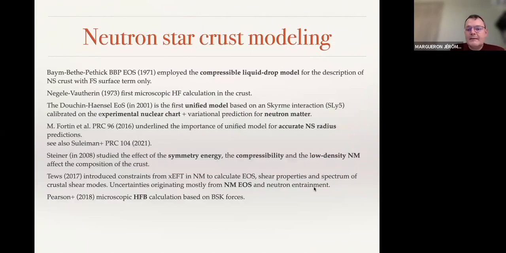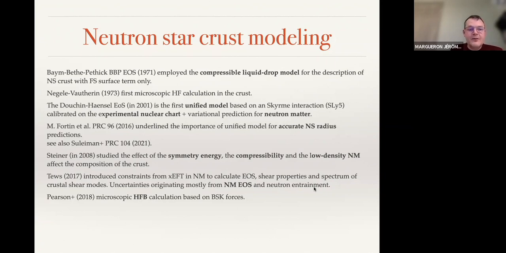So let me say briefly, and it's not totally exhaustive, so there is a lot of missing work there, how the description of the neutron star has been done since the seminal work of Baym, Pethick, and Sutherland, the BPS equation of state back in 1971, where they employed a compressible liquid drop model, inspired by the one by Myers and others, that has been used for the description of the neutron star crust, where they implement the Coulomb and the surface terms.